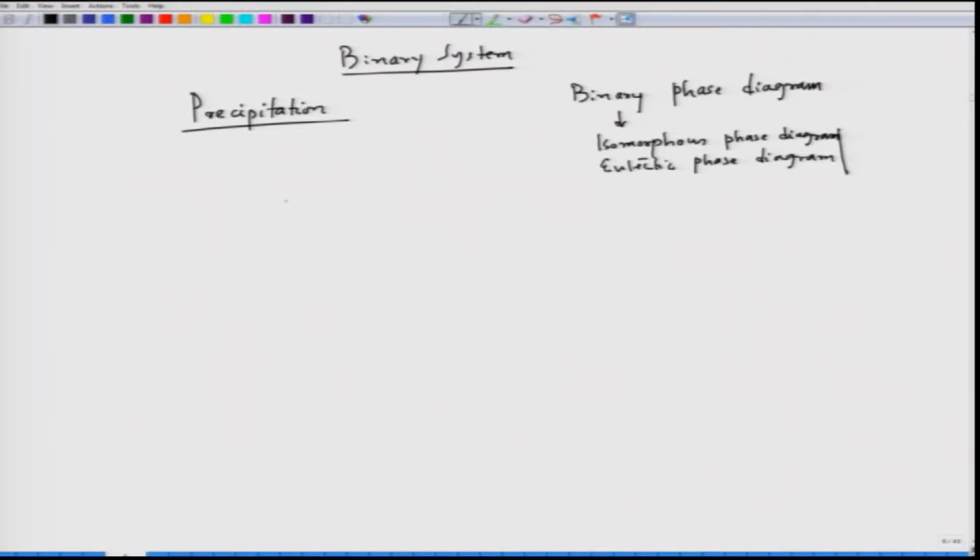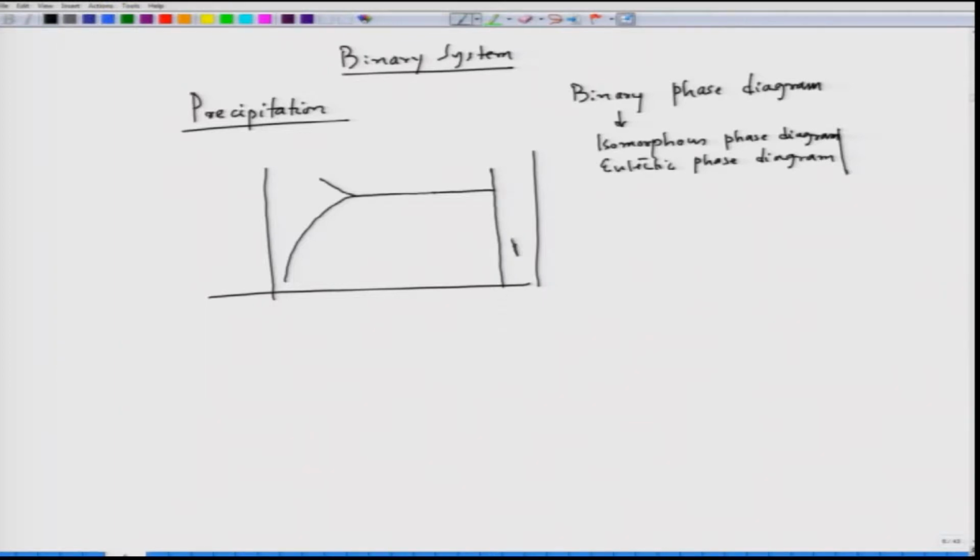And there we actually considered a phase diagram which looks like this, and this is the beta phase, this is the alpha phase, this is alpha plus beta, and here it is temperature, and this is percentage B. Here we are considering an A and B solution.